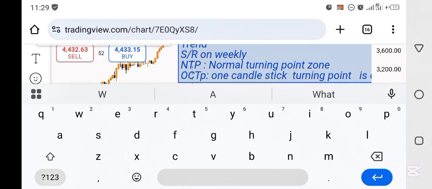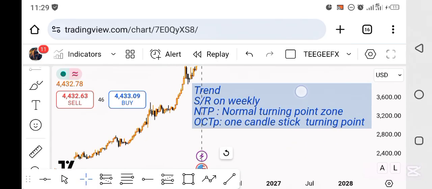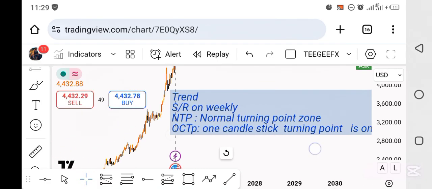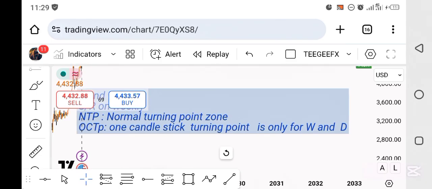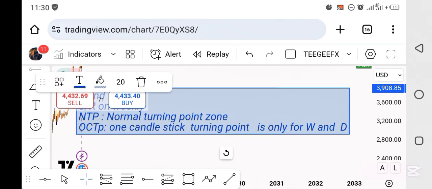I'll use W for weekly and D for daily. So now you can see, I don't know if you can see this. The OTCP, that's one candlestick turning point, is only for weekly and daily.